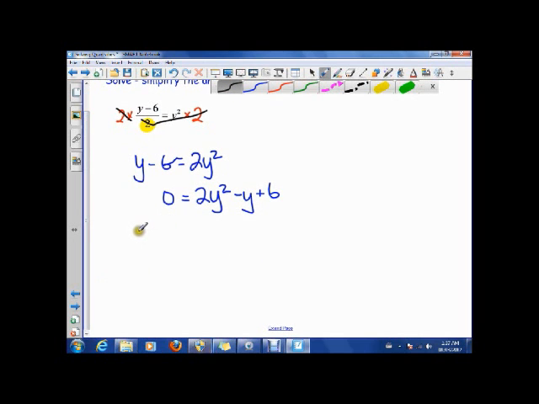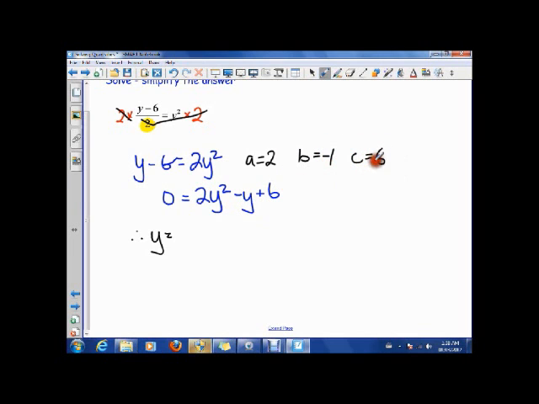Okay, so using the quadratic formula, we get y is equal to negative b. Remember, a is right there, so 2. B is right there, so negative 1. And c is that guy right there, so 6.